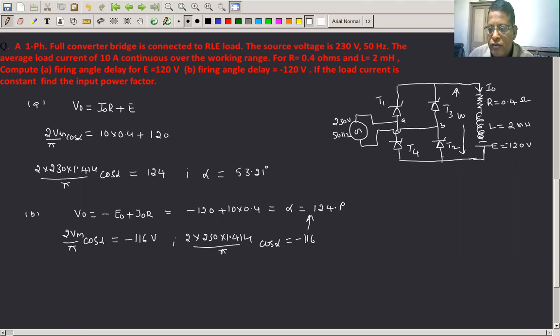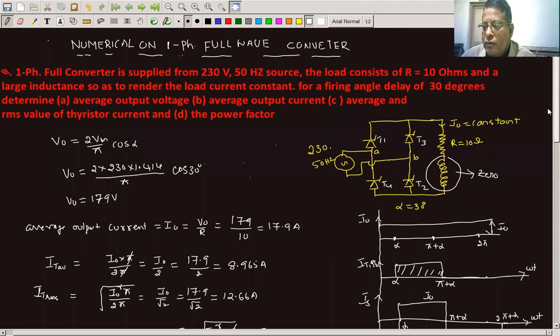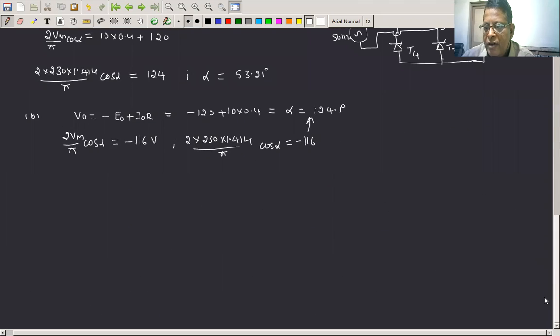Now in both cases, we have to find out the power factor. In the first case, input power equal to output power. So input power equal to, because we are going to find out the input power factor.